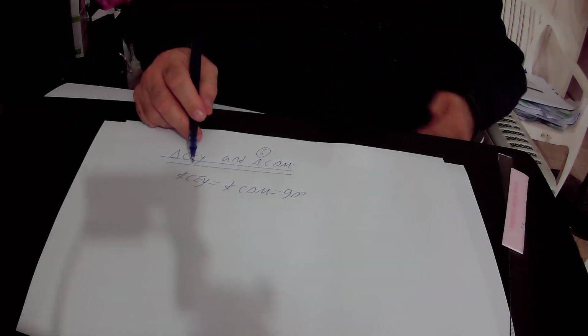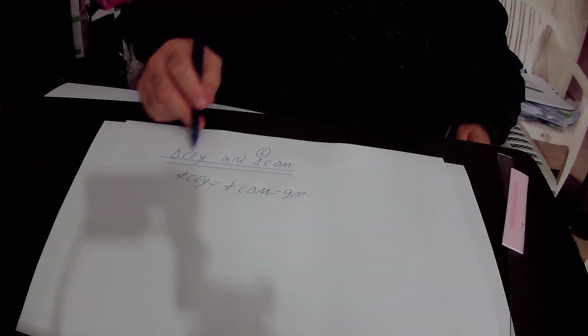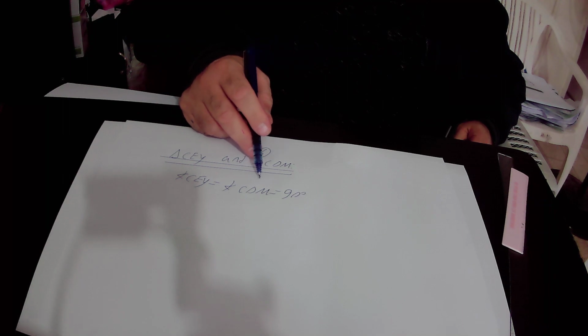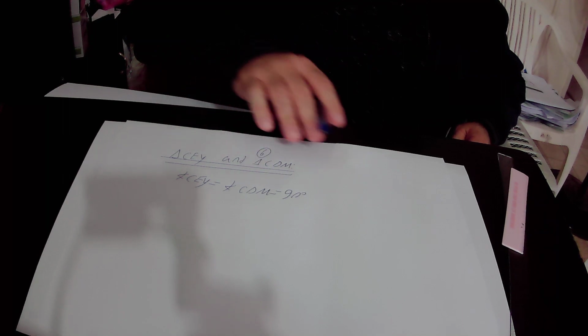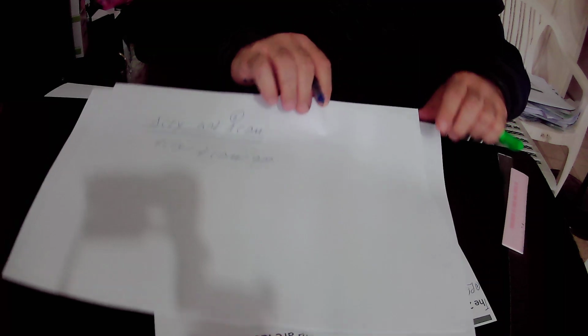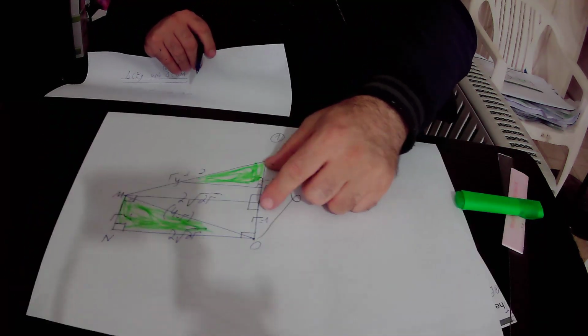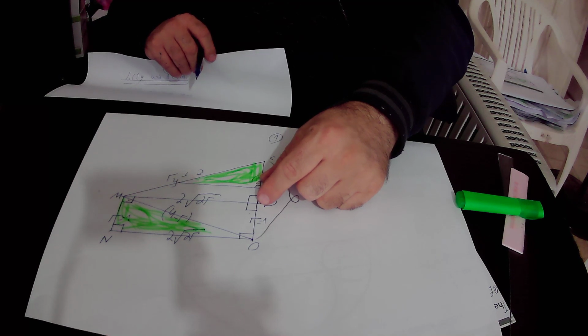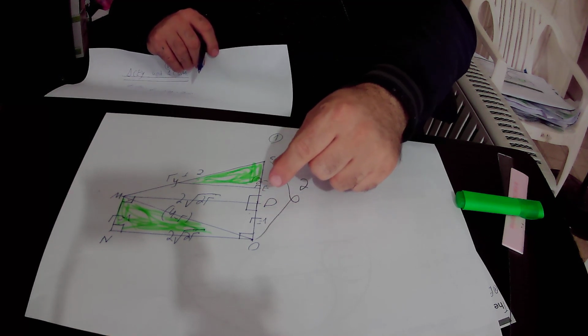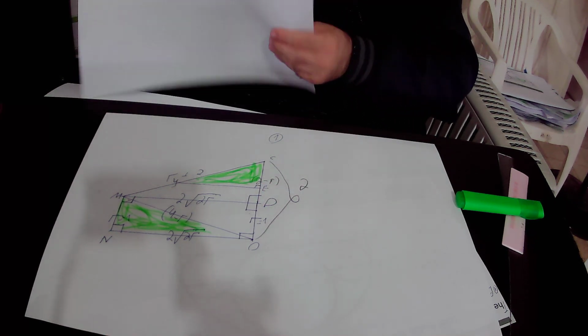I'll repeat again. Angle CEY in triangle CEY equals angle CDM in triangle CDM. Those two angles are both right angles, they are equal to 90 degrees, therefore they are equal to each other.